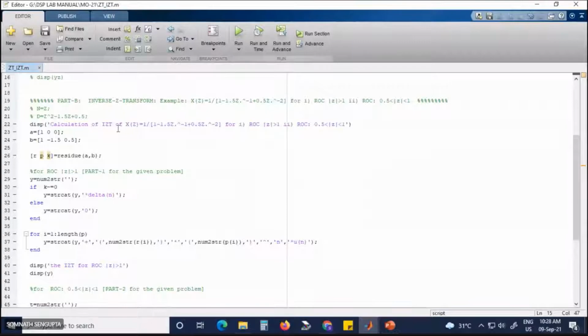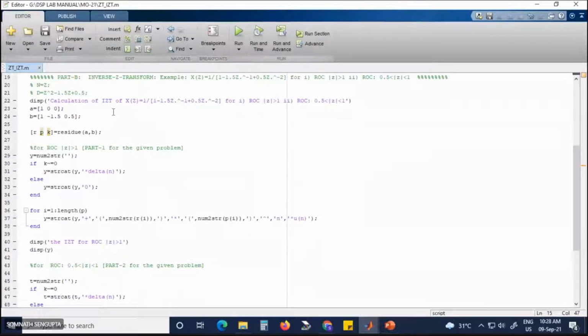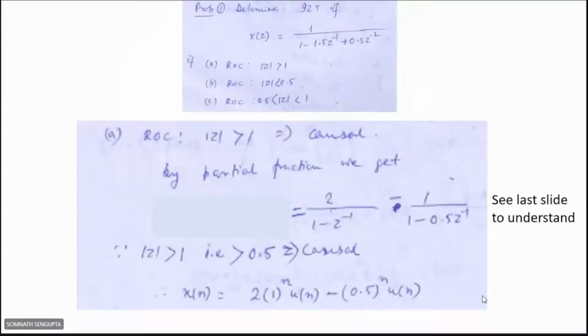Then the second part is the calculation of the inverse Z transform. X(z) is equal to 1 by 1 minus 1.5 z inverse. Theoretically, how have we calculated that? This is the partial fraction expansion. This is the problem, and the same problem solved theoretically, for mod z greater than 1.